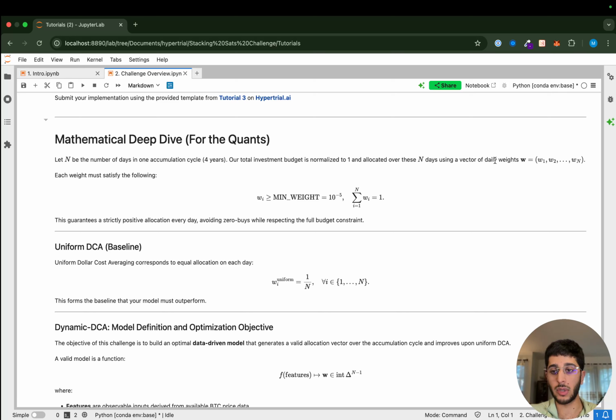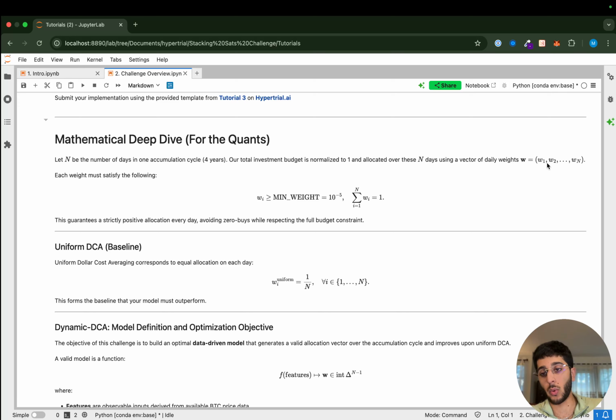Stage 2 then becomes, well, I have a budget to adhere to, and even if I can observe my feature, which in this case is the 200-day moving average, how do I ensure that I make the informed decision from the feature, which might tell me that, hey, the Bitcoin price is well below the 200-day moving average, I should buy quite a bit.